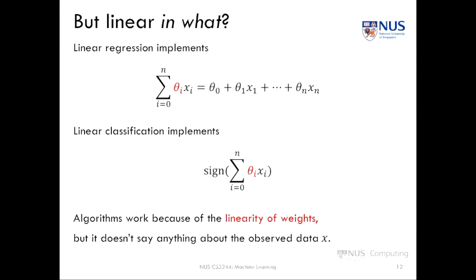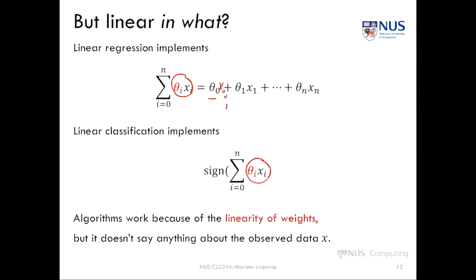So all three different types of linear classifiers that we're going to go over, including the perceptron, implement a linear function of the signal. The signal is just basically this portion, right? Theta i times xi, right? Which when we expand out in linear regression means that we have a bias term, x0 equals 1, okay?